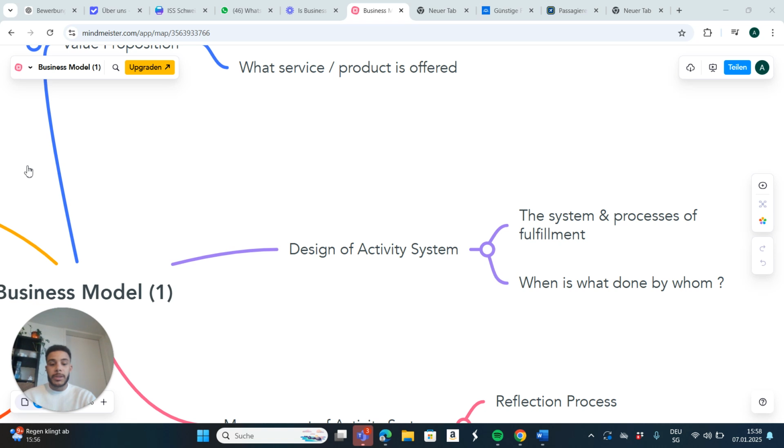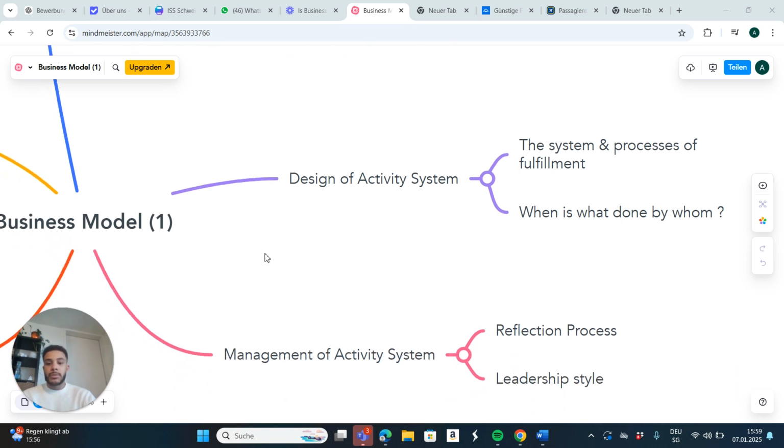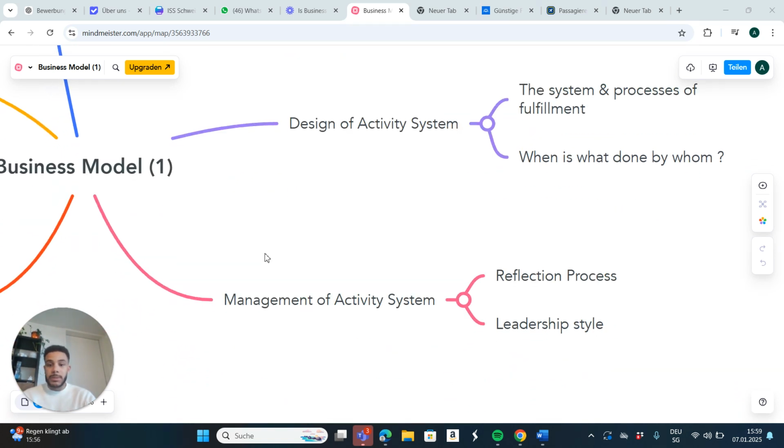So let me get to the next one, and that's the management of the activity system. We saw that we designed one, and now the question is, how do we reflect on the processes, on the system that we built before?